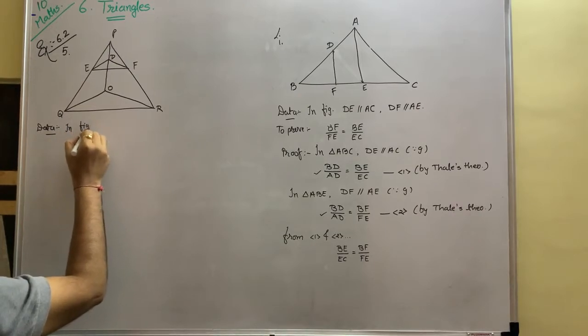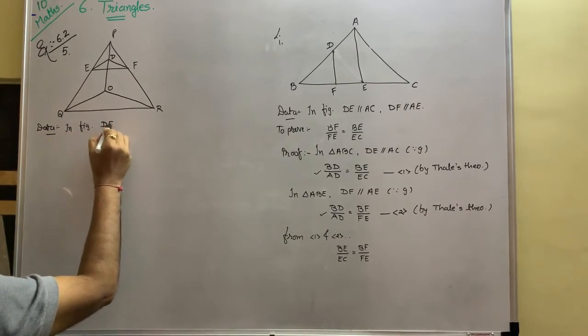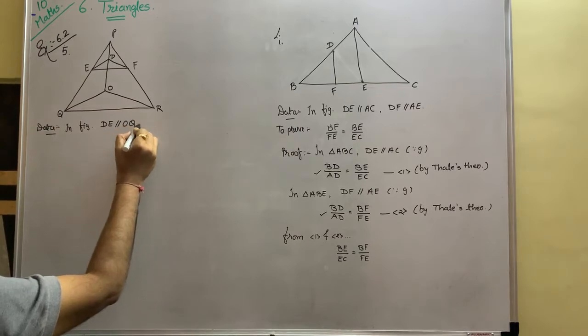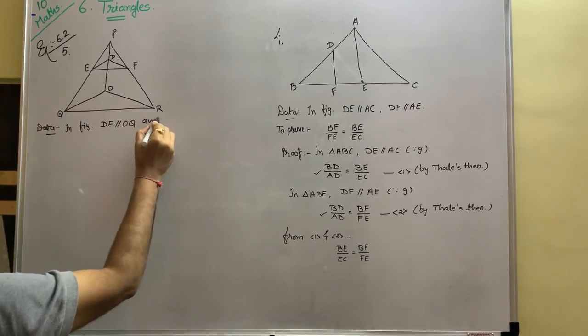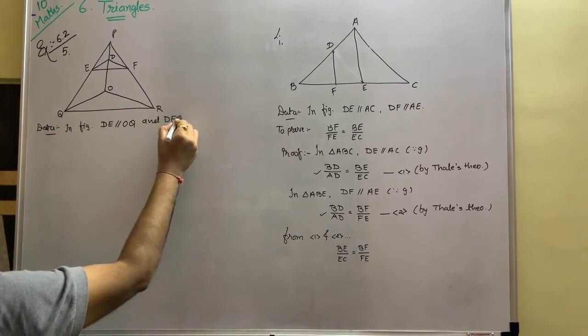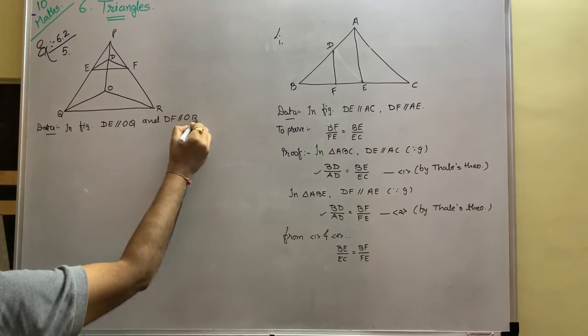In the figure, DE is parallel to OQ and DF is parallel to OR.